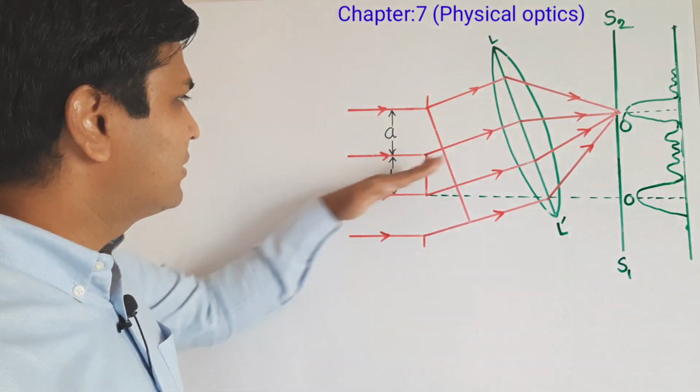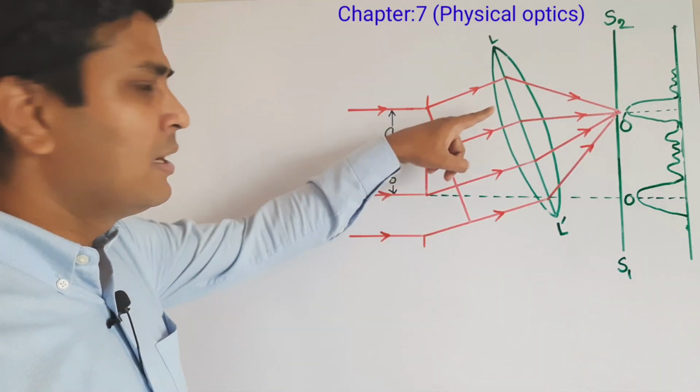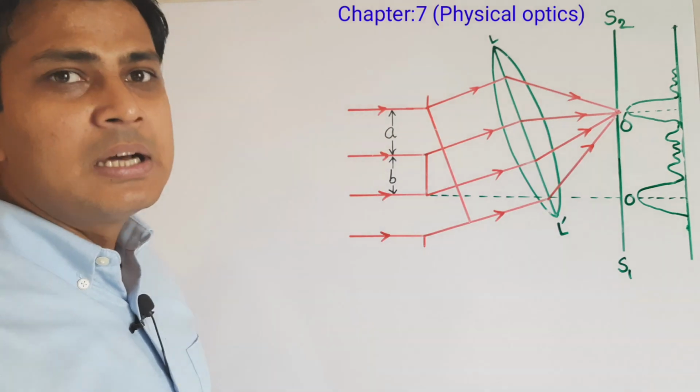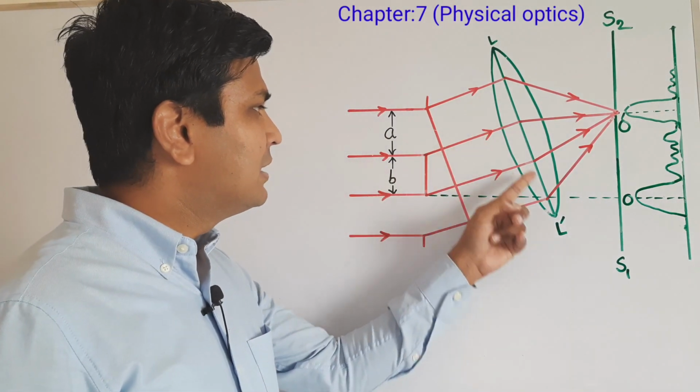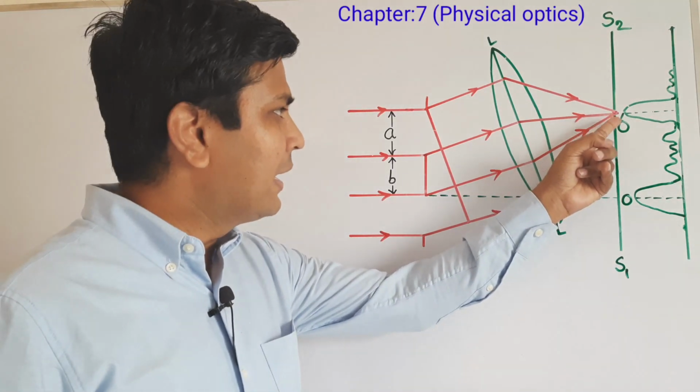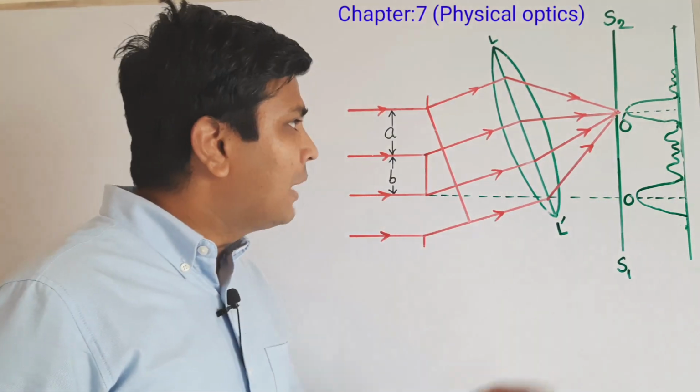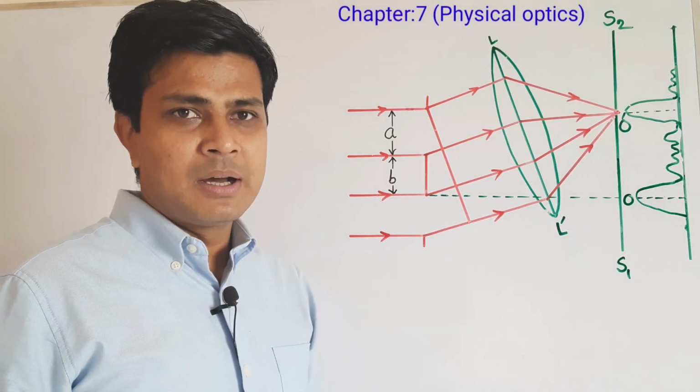That bending ray is emitted toward the lens, and after refraction by the lens, the ray meets at the point O prime. O prime will be a maxima or minima.